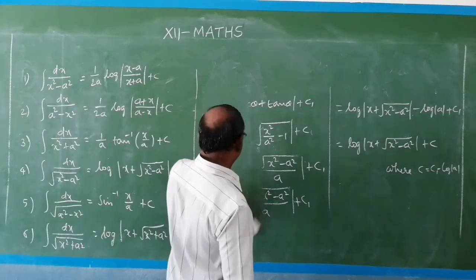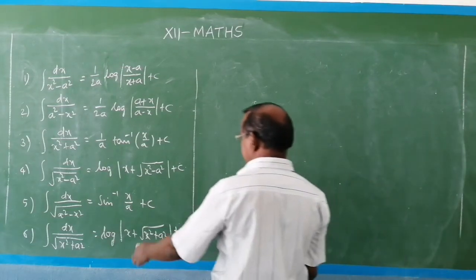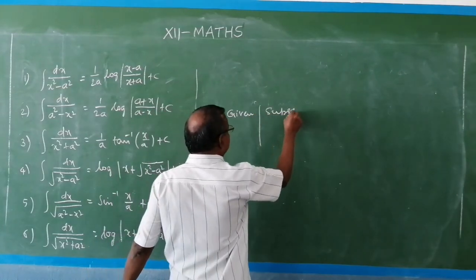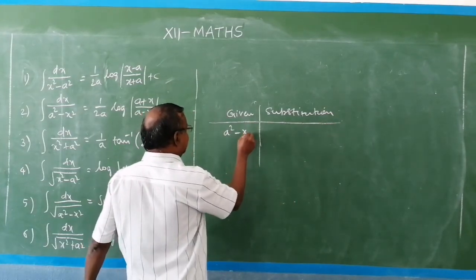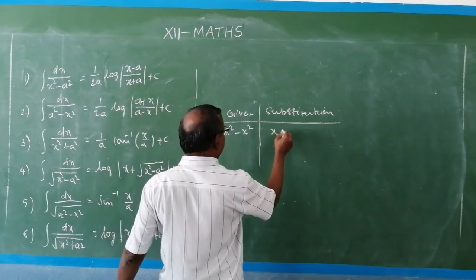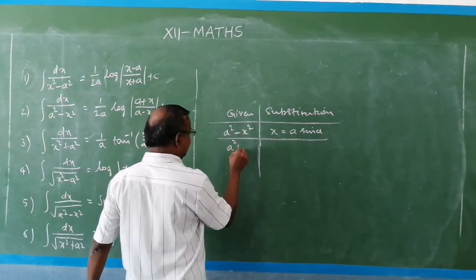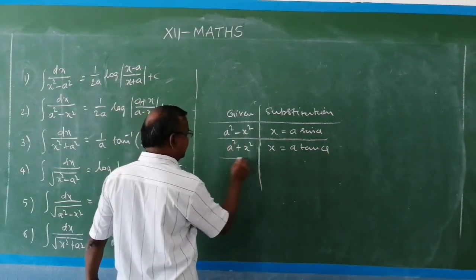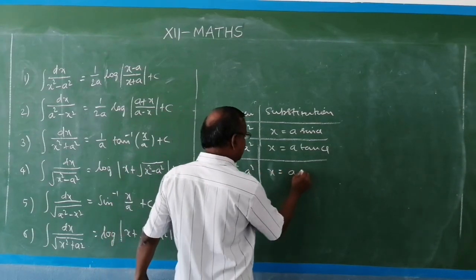Now I give you one idea for this proof. For these results, the substitution is: for a square minus x square, put x equal to a sin theta; for a square plus x square or x square plus a square, put x equal to a tan theta; and for the result x square minus a square, substitute x equal to a secant theta.